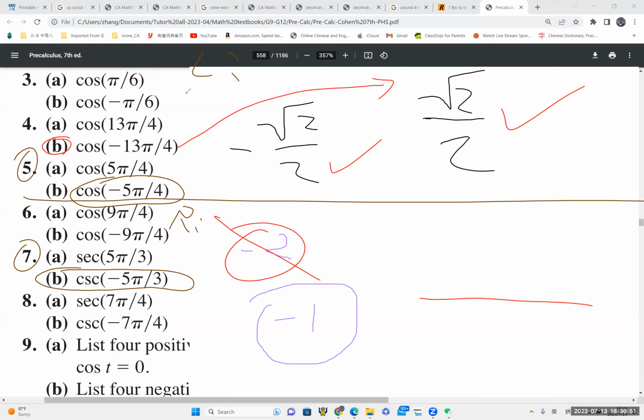So show me where this angle is. Show it in the unit circle. Okay. Where is its terminal side? Oh, I see. Could you show it?